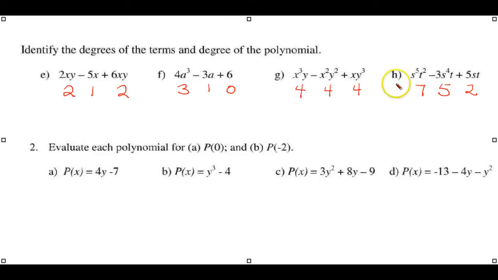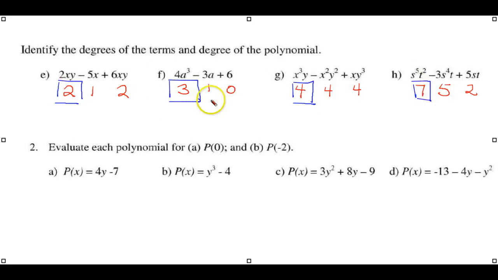Now, what's the degree of the expression? And the rule is the highest degree of any one term. Well, this one is 2. This one is 3. These are the degree of the expression now. And this one is 4. And this one is 7.